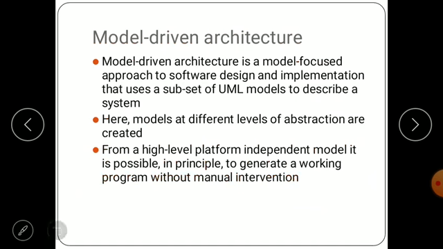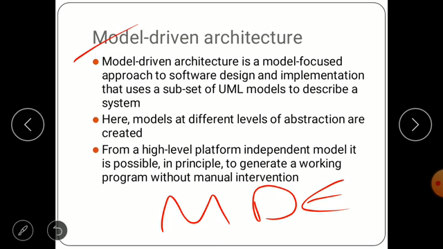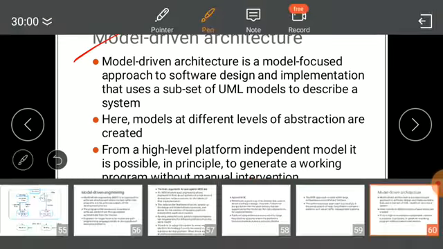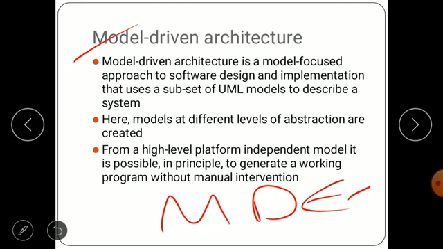Next, model driven architecture. What is meant by model driven architecture? We discussed what is meant by MDE. Here MDE means we concentrate on the program as the output, not the model.